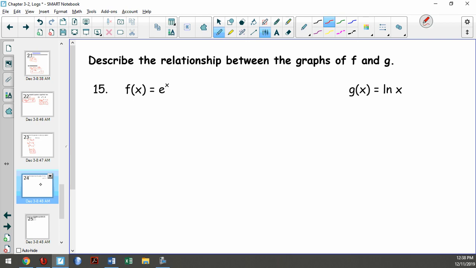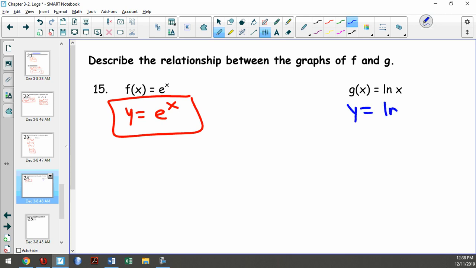Remember that? Now, f of x is also known as y, so I have y is equal to e to the x. So now we're going to rewrite g of x equals the natural log of x, because our brain does not think in logarithms. What does our brain think in naturally? Exponents. So we're going to rewrite this as an exponential function. We make this y is equal to the natural log of x, but we are going to swap x and y, because we are going to find our lovely inverse.